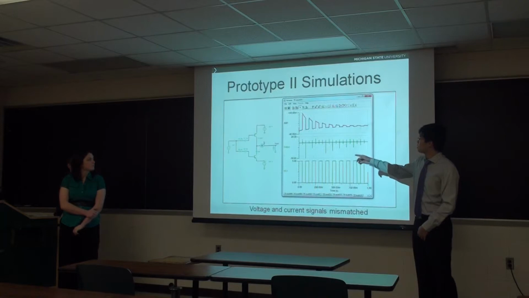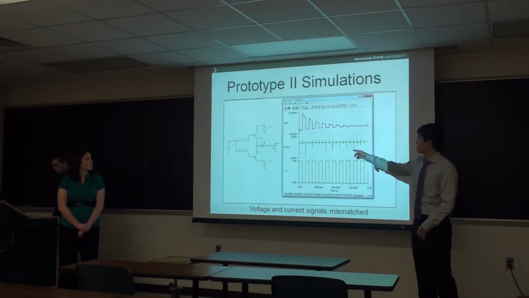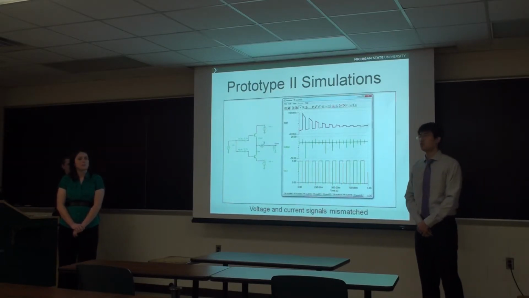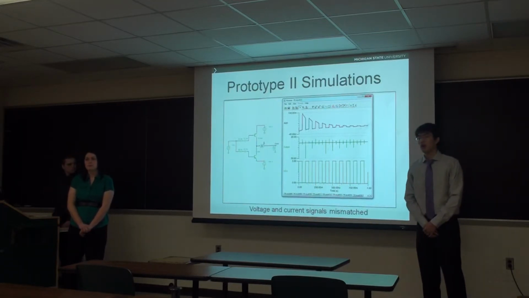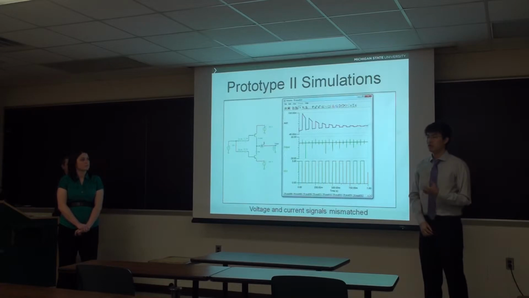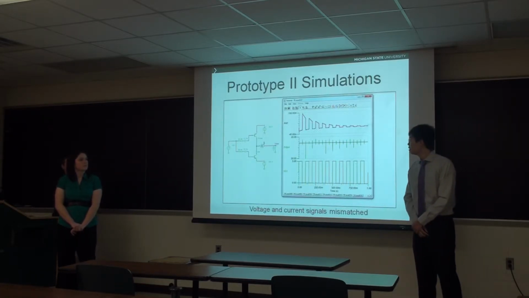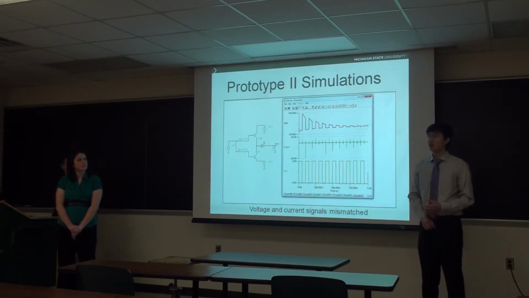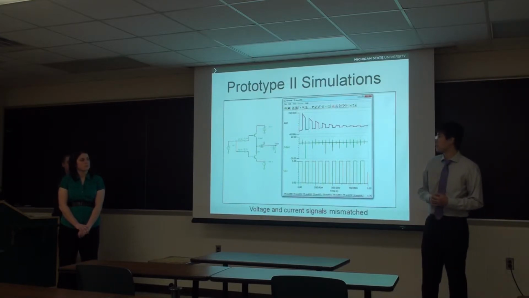We created the push-pull and RC circuits in order to have a shorter pathway. A shorter pathway will give better control and eliminate the vibration issue. It also will reduce the heat dispersion. However, the problem with these circuits is our current and voltage signals do not match each other.